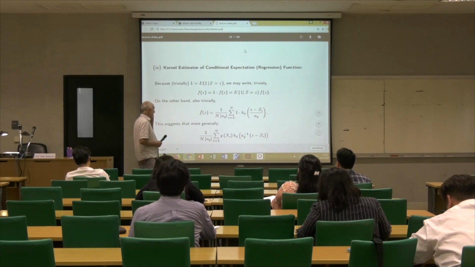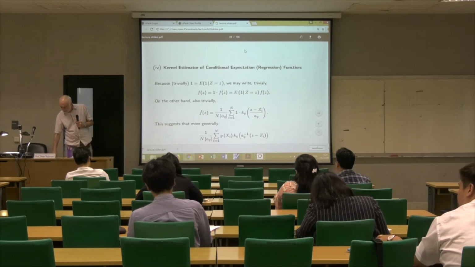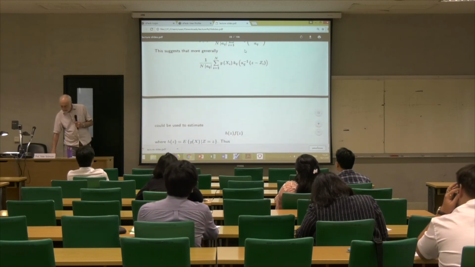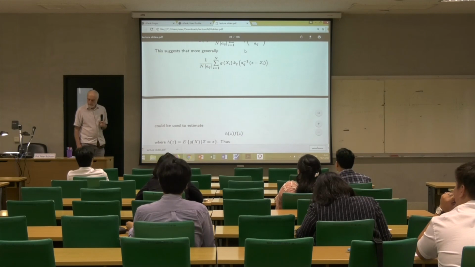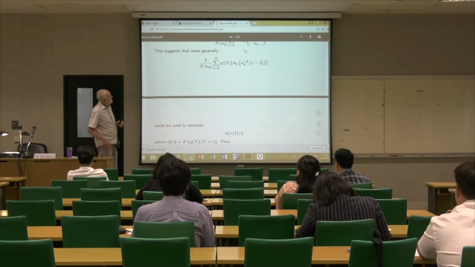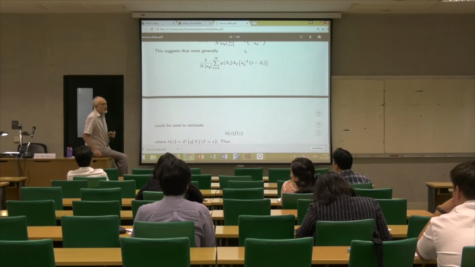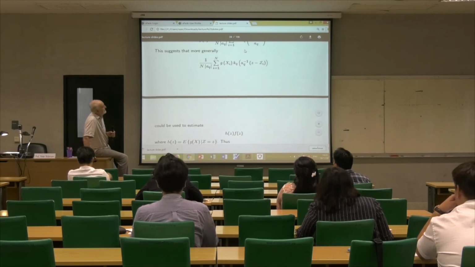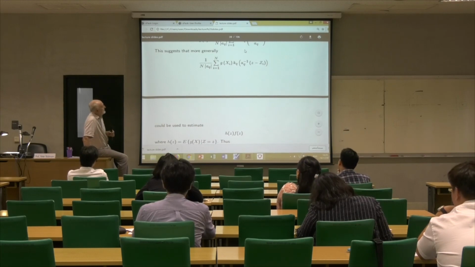Which suggests that more generally, actually there's some benefit in this particular way this PC works, because I can sort of have bits of 2 slides. It sometimes may be helpful. So if you think about a general function of xi, and here we're being very general because xi includes both y, the dependent variable, and z, the regressor, or the independent variable, or explanatory variable, perhaps I should say.